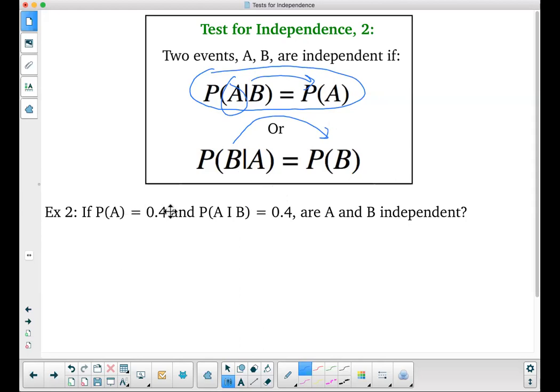So here they say probability of A equals 0.4, probability of A given B is 0.4, are A and B independent? Well, we would write our test for independence as: does the probability of A given B equal the probability of A? If so, A and B are independent. Well, probability of A given B is 0.4. Does 0.4 equal the probability of A? 0.4. Yep. So the events are independent.